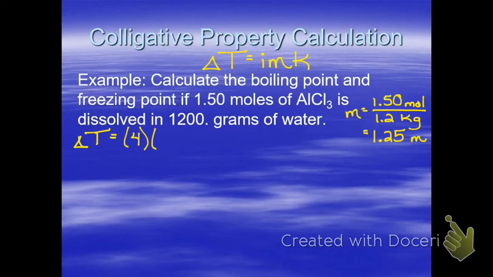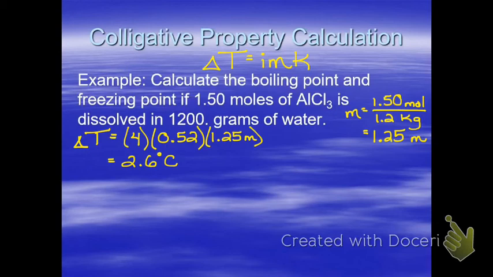The boiling point elevation constant, look all the way to the right, is 0.52. And the molality was 1.25. When I put that in my calculator, I get that. Now that's not the final answer.